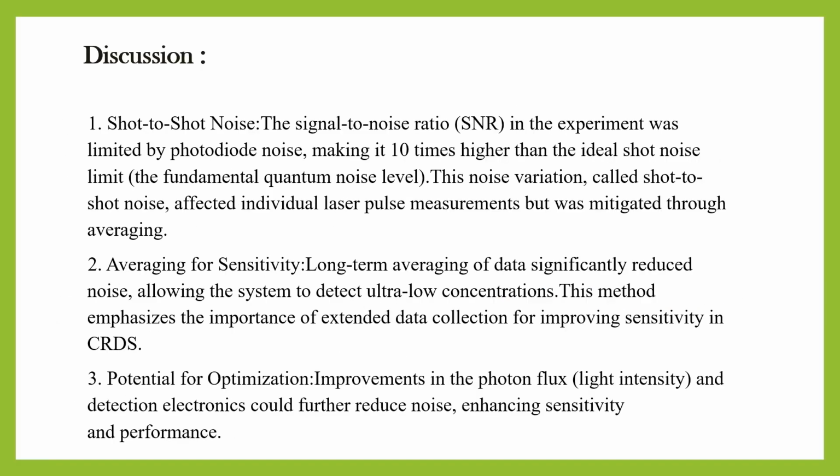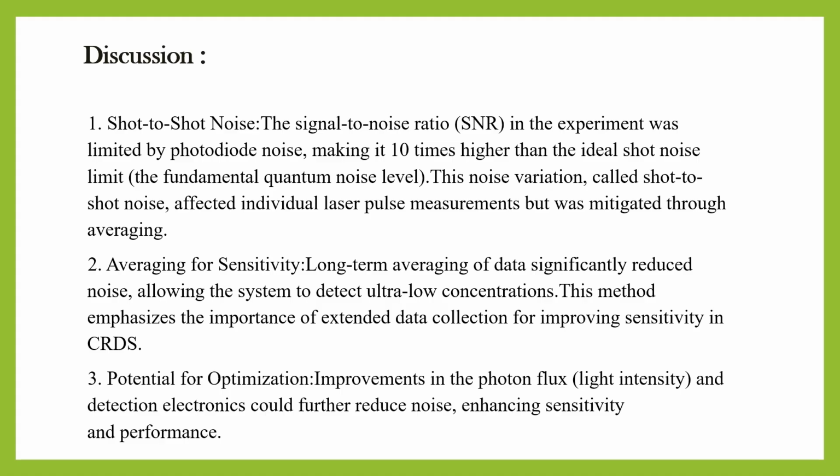Coming to discussion. First is shot to shot noise. The signal to noise ratio in the experiment was limited by photodiode noise, making it 10 times higher than the ideal shot noise limit, that is the fundamental quantum noise level. This noise variation, called shot to shot noise, affected individual laser pulse measurement but was mitigated through averaging.